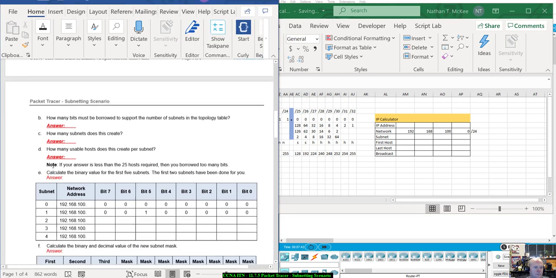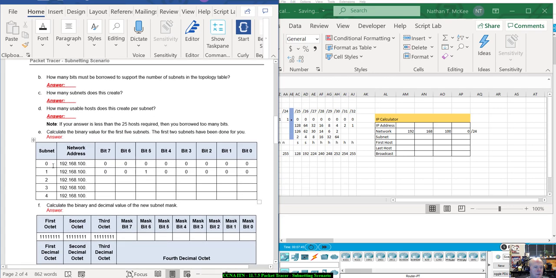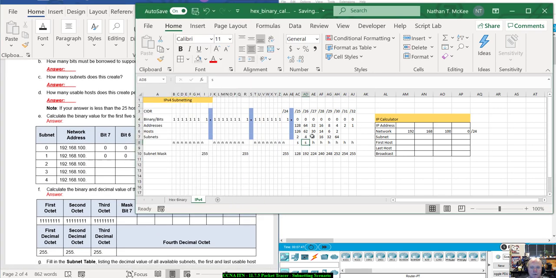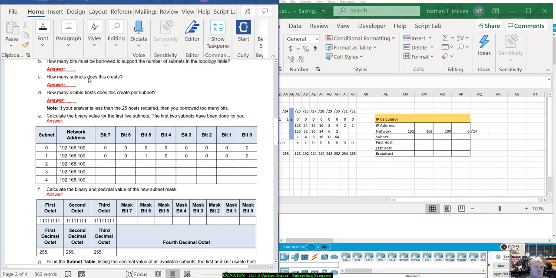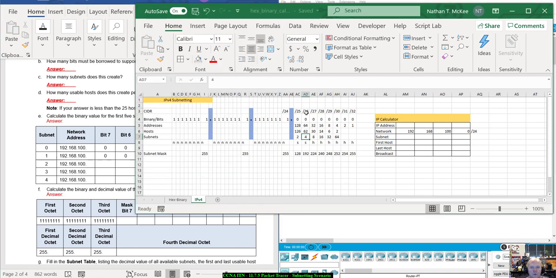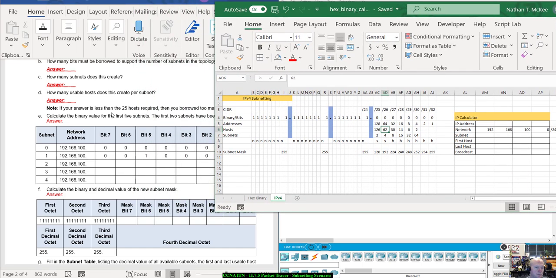How many subnets does this create? That would create 4 subnets if you used a /26. How many usable hosts does this create per subnet? If you did a /26, that would give you 62 usable addresses per subnet.